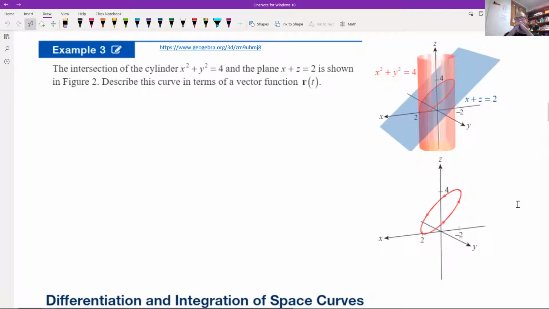So the idea is we're going to try to come up with some r of t, a vector valued function that would fly around this circular, well, elliptical path. And in order to do that, we need to come up with a good parameterization.